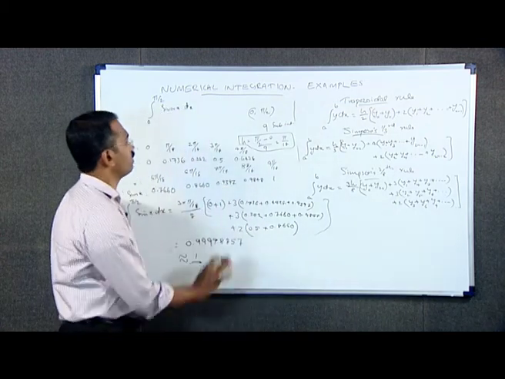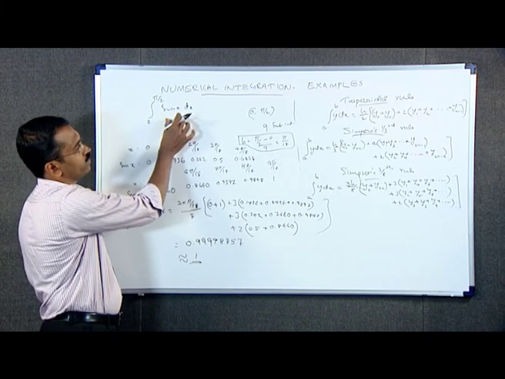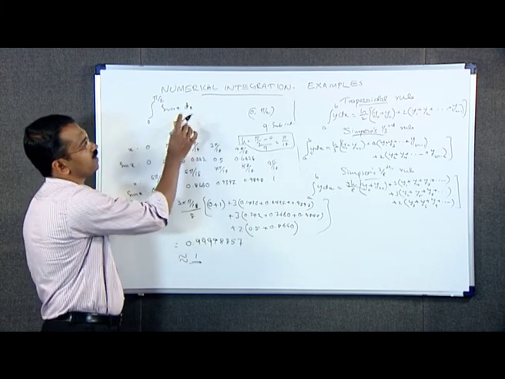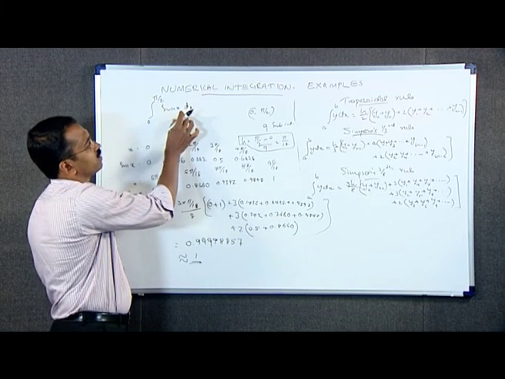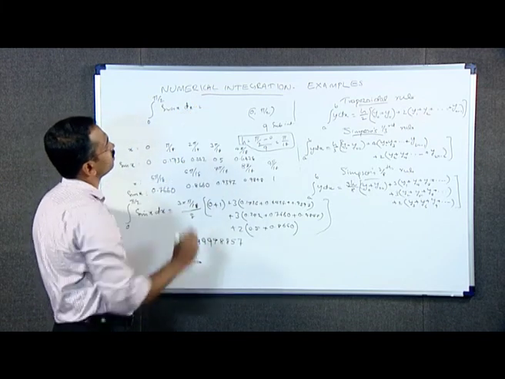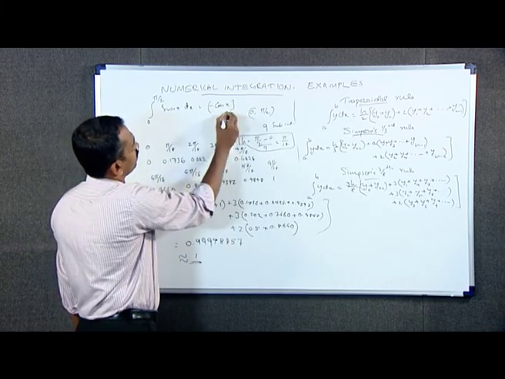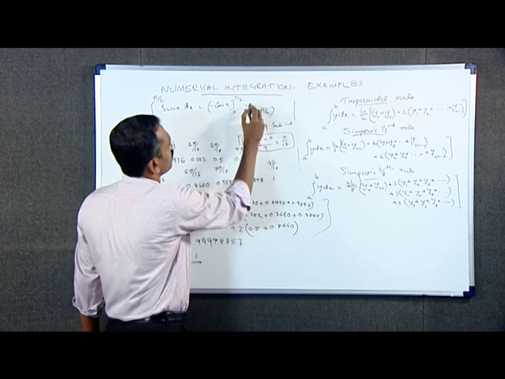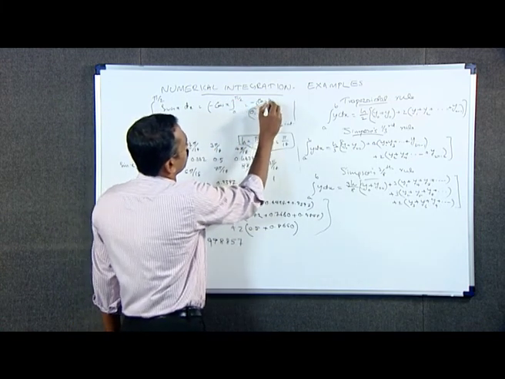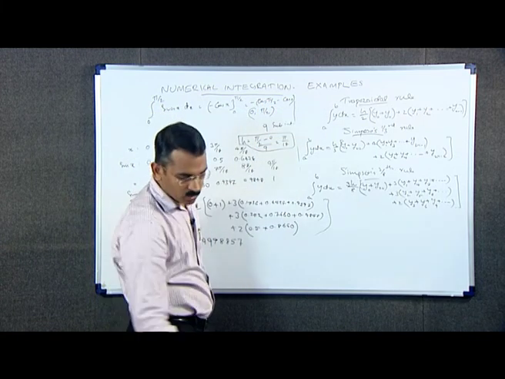Here we used the Simpsons 3/8 rule to evaluate integral from 0 to pi by 2 sin x dx. But if we integrate by actual method, the value of this integral becomes integral of sin x is minus cos x between the limits 0 and pi by 2, which gives minus cos pi by 2 minus cos 0, that is equal to 1.